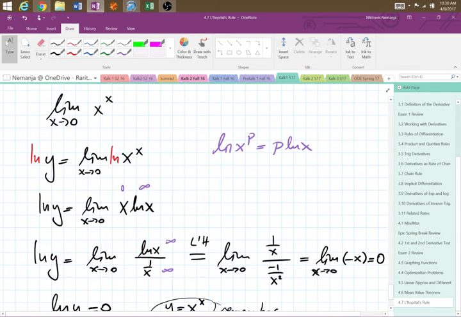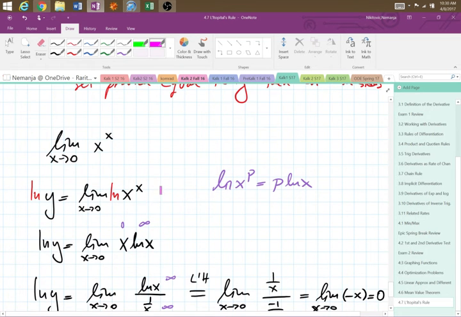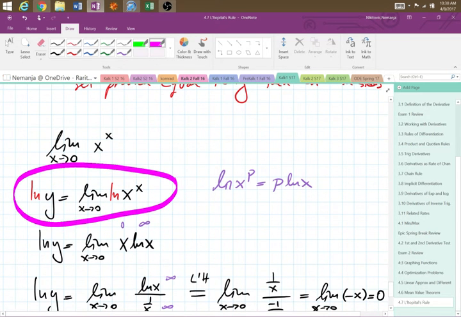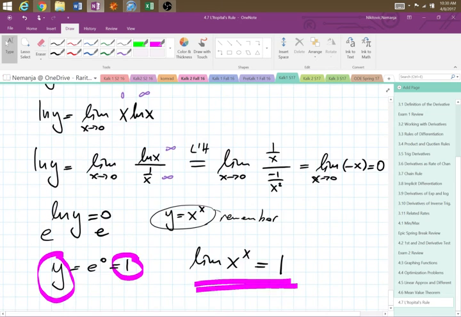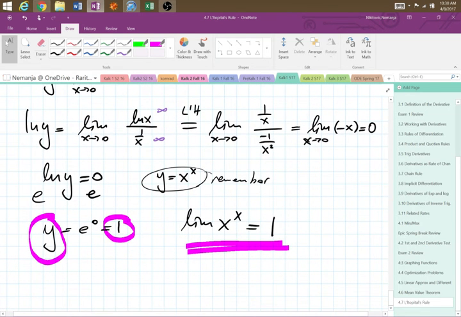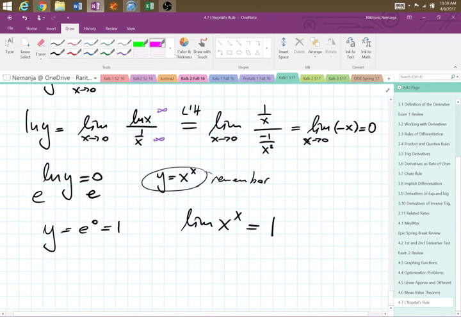Observe over here that if you ignore the red, I define that y is equal to the limit of x to the x. So y is equal with the limit being there. That means that y is equal to whatever we get once the limit is already solved. So that's why I'm replacing y with the entire limit of x to the x.